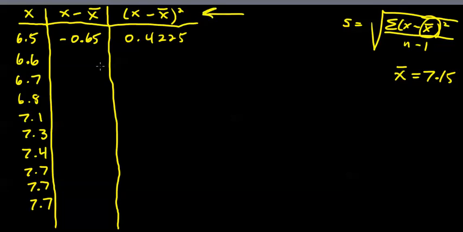So I'm going to go ahead and fill in x minus x bar and x minus x bar squared for each of these data points. Take each data value, I'm doing the best I can freehand here, x minus x bar, subtract 7.15 for each data point.